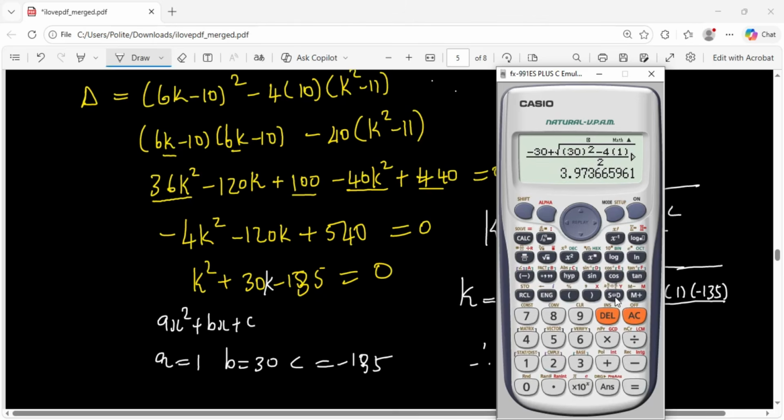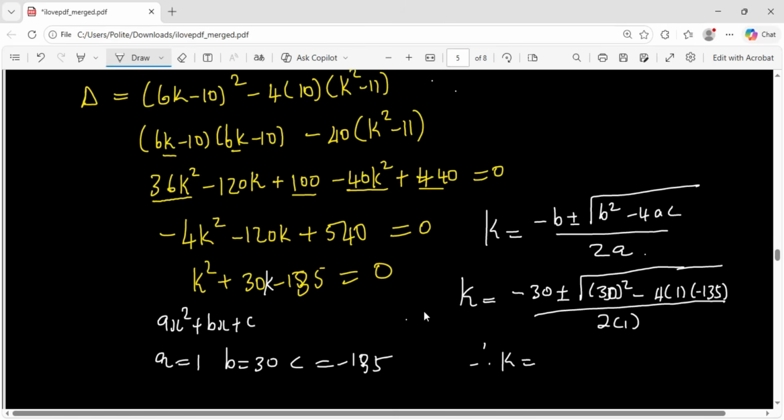And this gives us 3.97. And if we change the positive there to negative, what do we get? Minus 33.97. So those are the values of k.